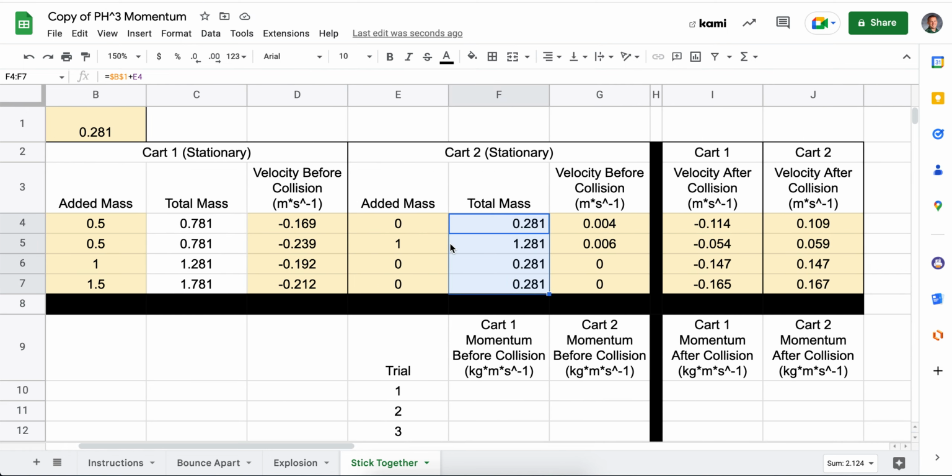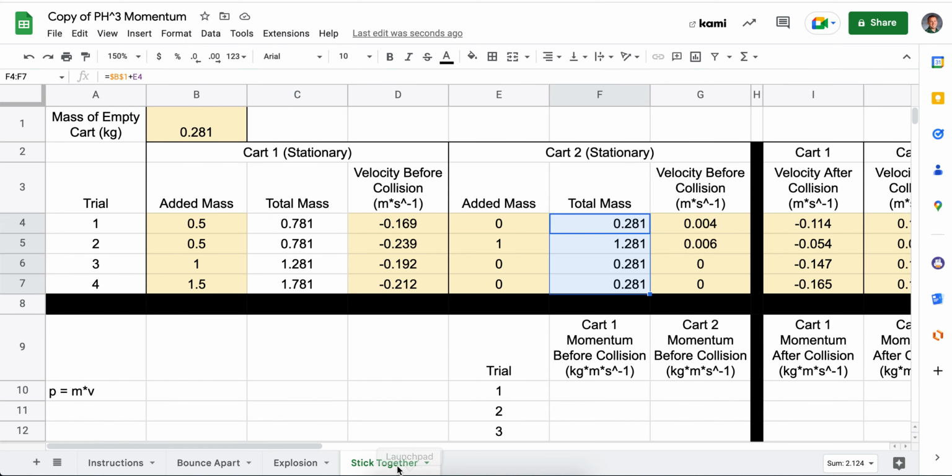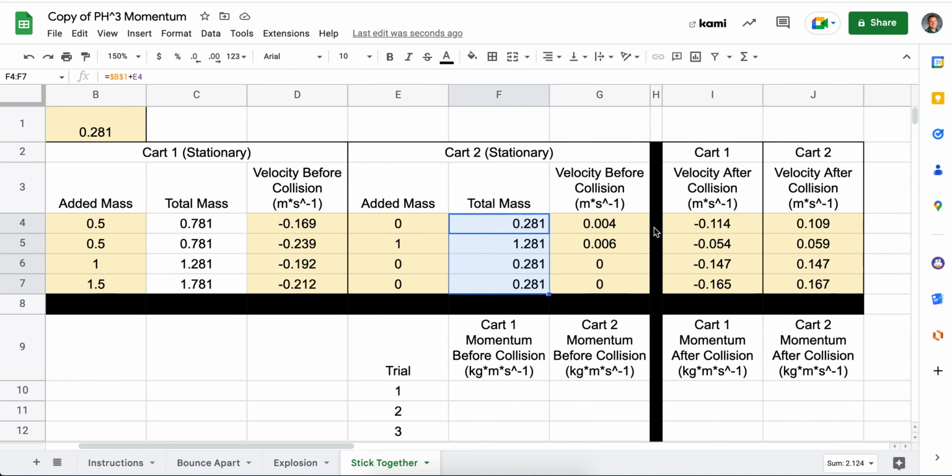One thing we're going to do is make sure that our velocities actually make sense. In this case, this is my stick together. Whatever my initial velocity is, when the carts stick together, they're going to continue moving in that same direction. So it really doesn't make sense for these two carts to have different directions of velocity after the collision.